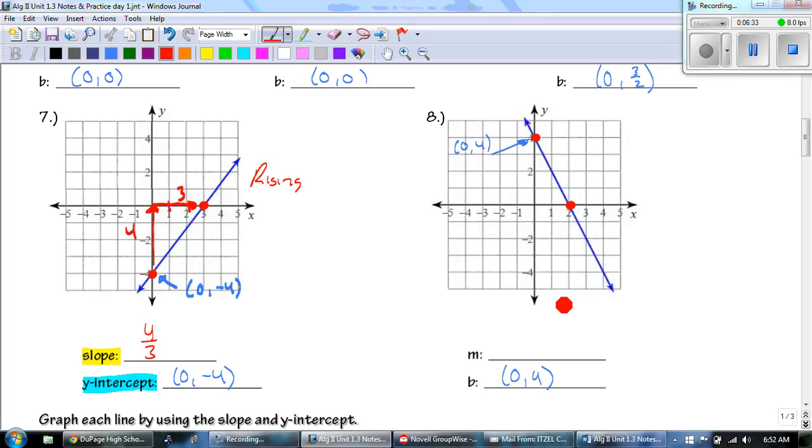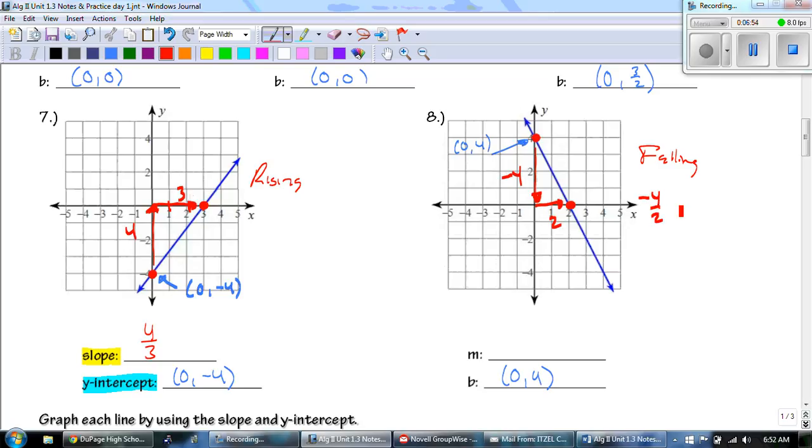Well, there's one right here. Okay, so from left to right, I know that this graph is falling. So I'm going to have a negative slope. And I'm going to go down 4 and to the right 2.